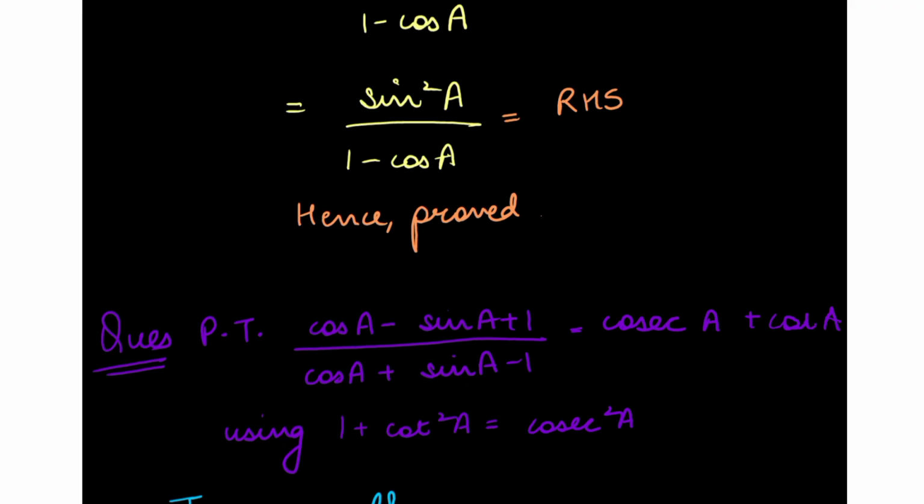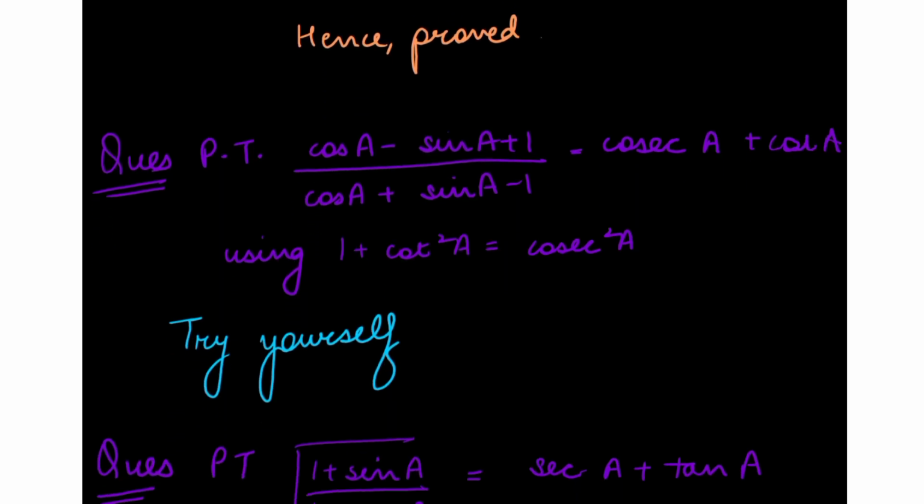How can cos be converted? By dividing it by sin. We get cos by sin as cot, and sin divided by sin is 1, and 1 divided by sin is cosecant. So we can multiply and divide it by sin a, which will give the left hand side in terms of cosecant and cot a. Then we can just reshuffle and solve, and we will be able to answer this question.